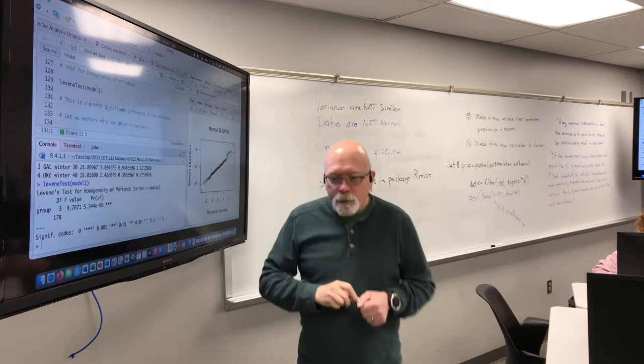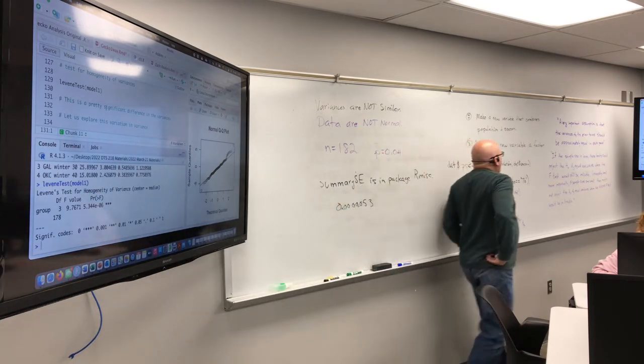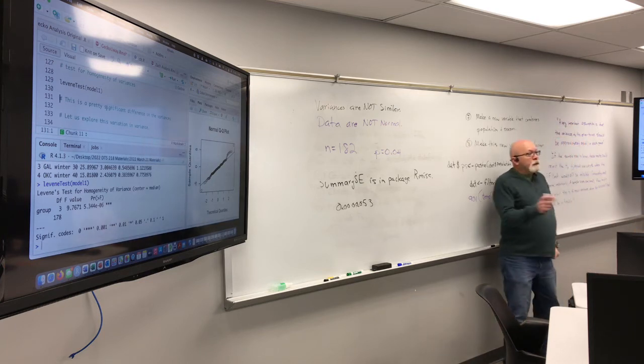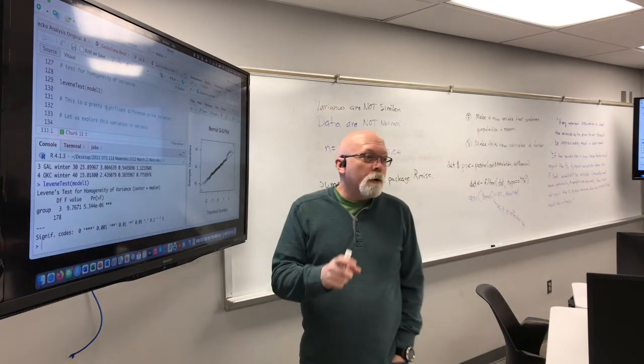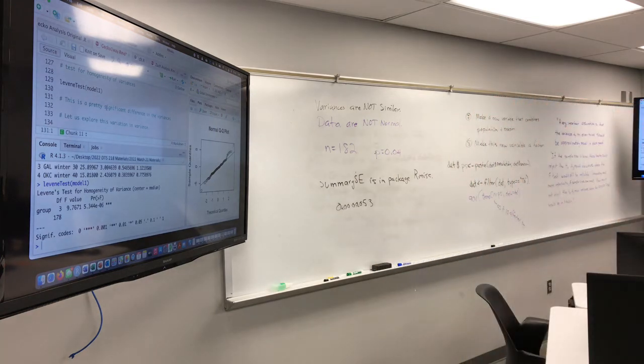If you look in your textbook on page 193, what you will see your textbook author saying is a very important assumption is that the variance of the error term should be appropriately equal in each group. And they say the same thing that I say, which is the assumption of homogeneity of variances is much more important than the assumption of normality, because they're right, because they know what they're doing. So this is a pretty significant difference in the variance.